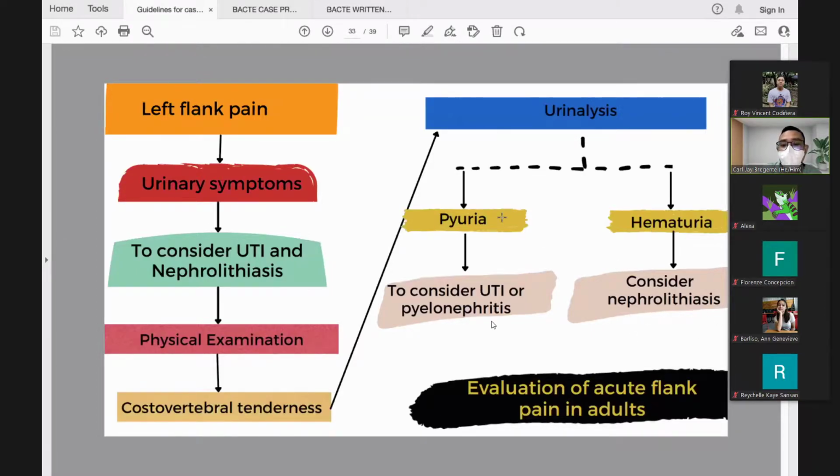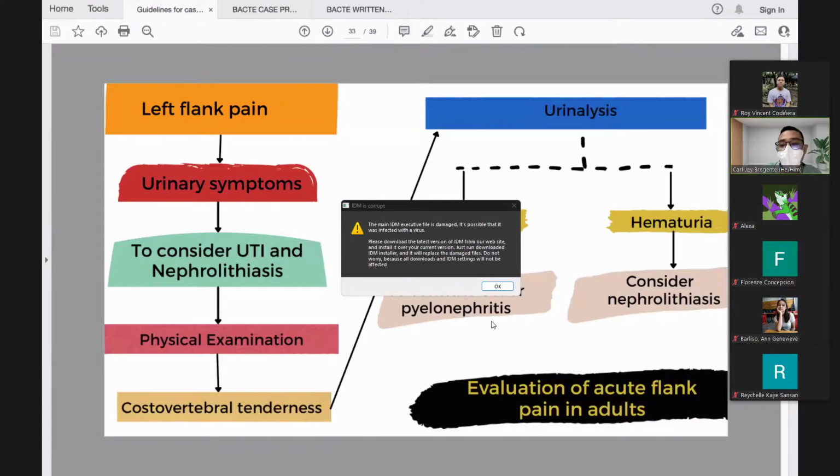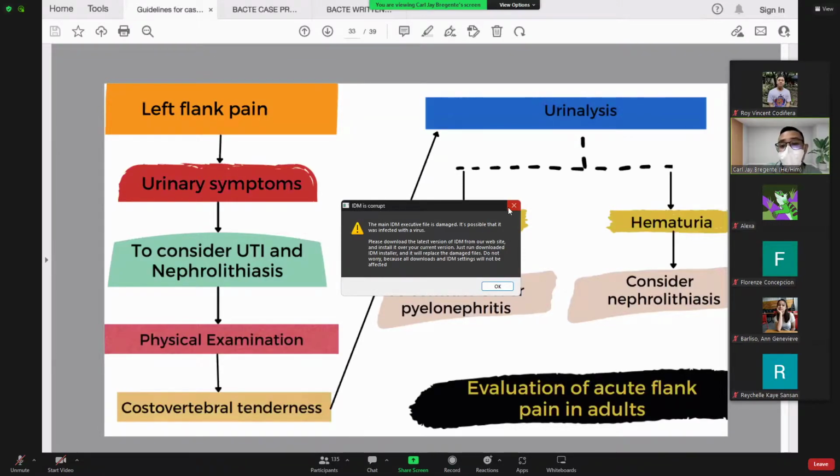If pyuria, meaning there is pus, the presence of WBC, you consider UTI and pyelonephritis. For further evaluation, there is acute flank pain in adults. In nephrolithiasis, normally there is absence or rare symptoms, no flank pain. Usually it's associated with UTI or pyelonephritis.